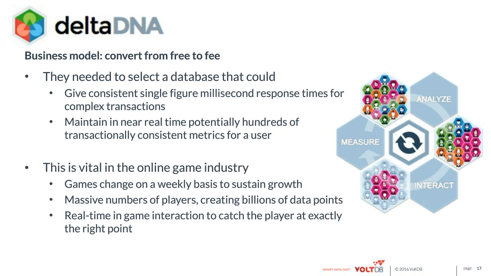While Vertica is doing all the segmentation analysis of the players, VoltDB does real-time determination of the experience level of the player, or the enjoyment level of the player of that particular level of that game, and what happened to that player.